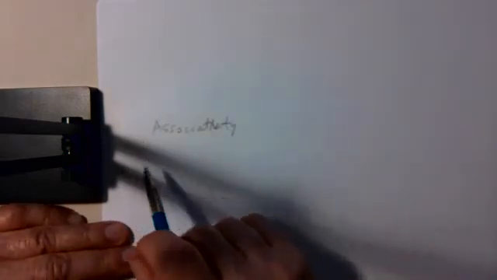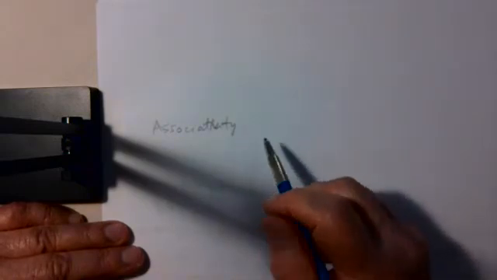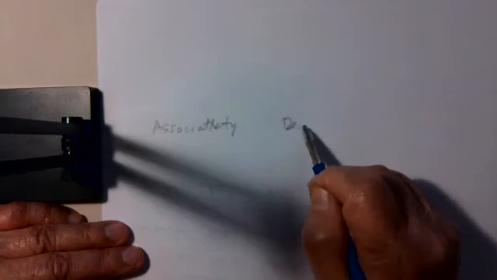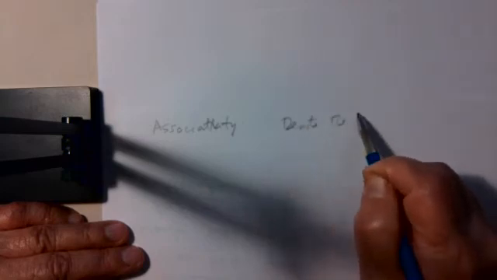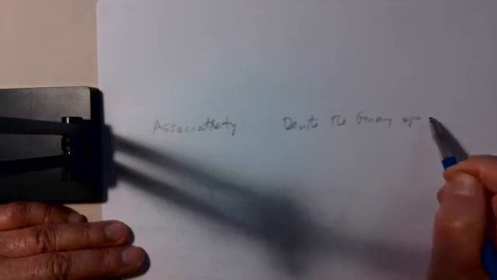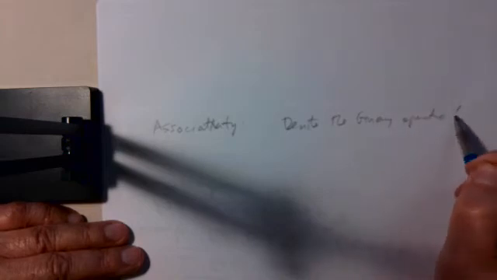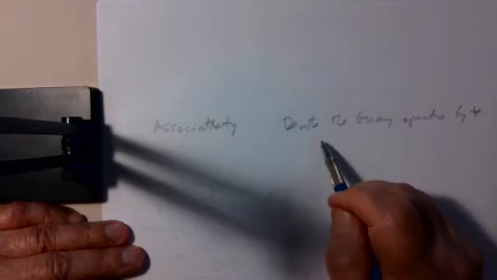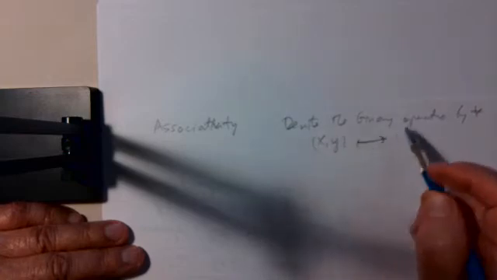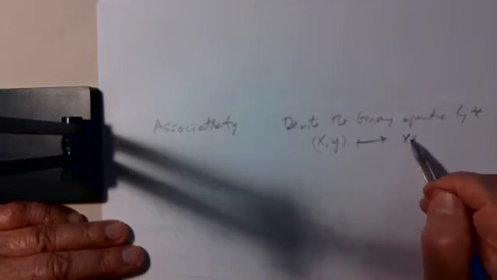The binary operation is associative means, suppose we denote the binary operation by this star. If I have two elements, X and Y, you get some element X star Y.